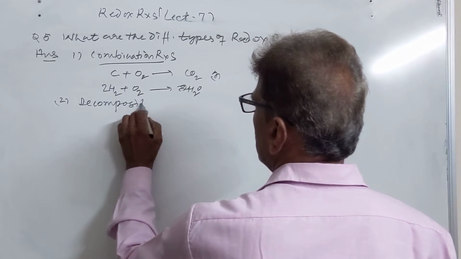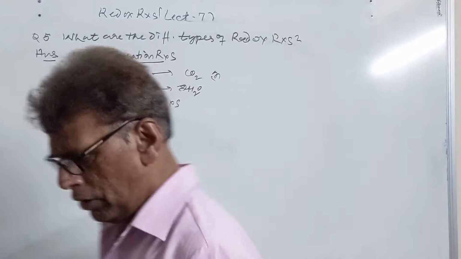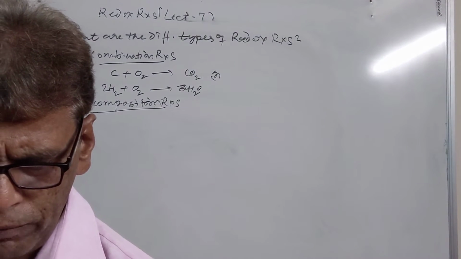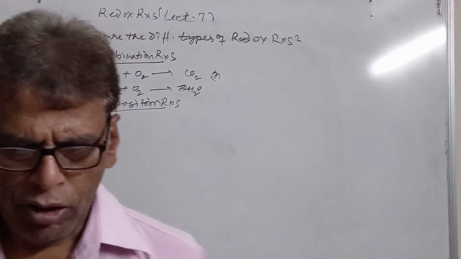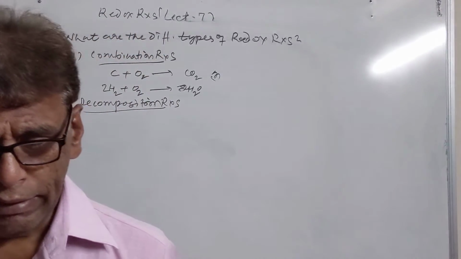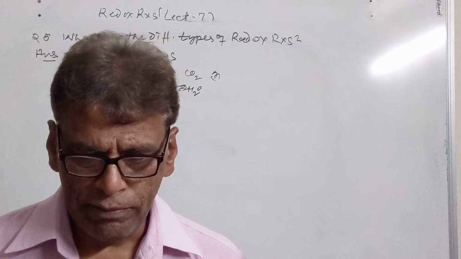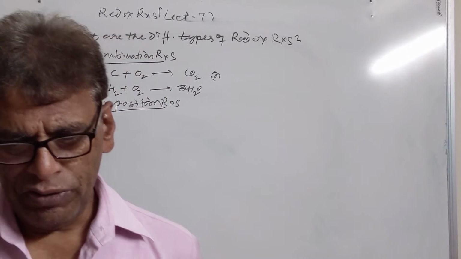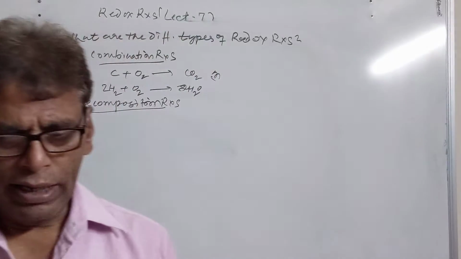Then we have decomposition reactions. But all decomposition reactions may not be redox reactions. In these reactions, the compound decomposes by heating, and in the different compounds produced, the atoms have different oxidation numbers, or they might be present in the elemental state.